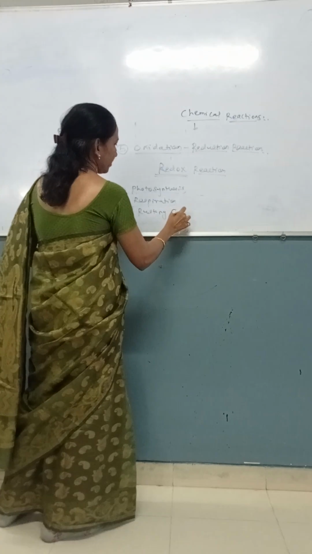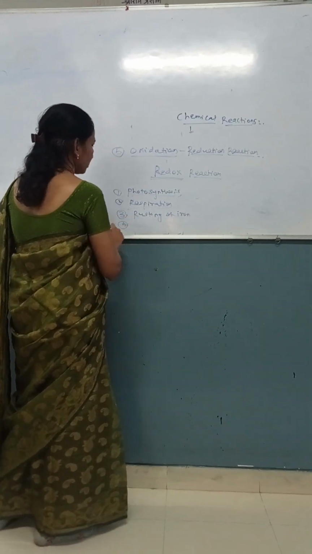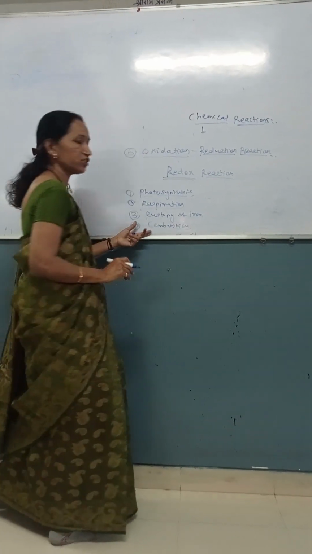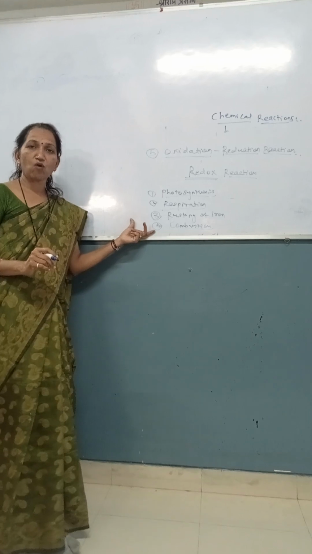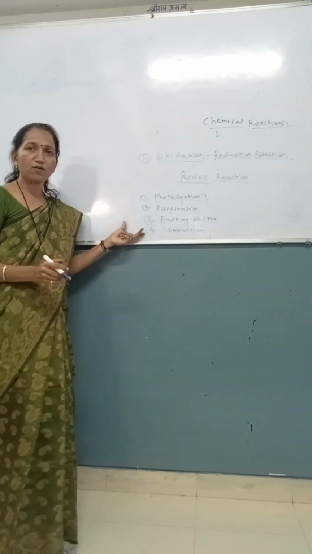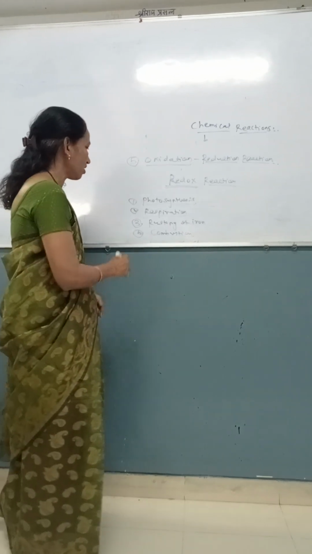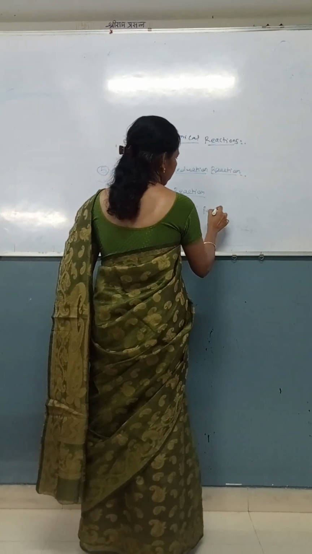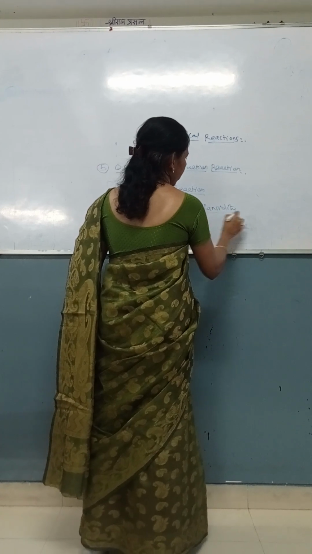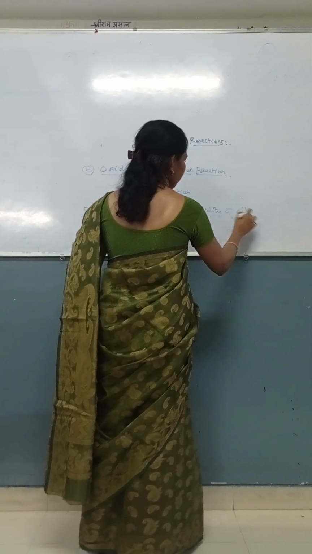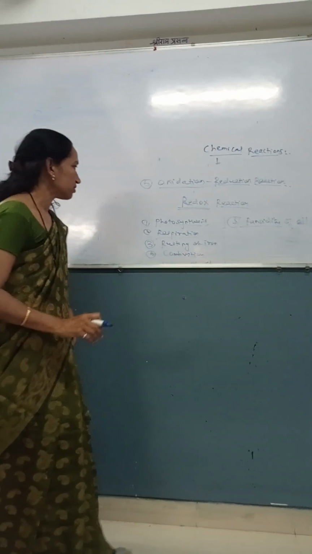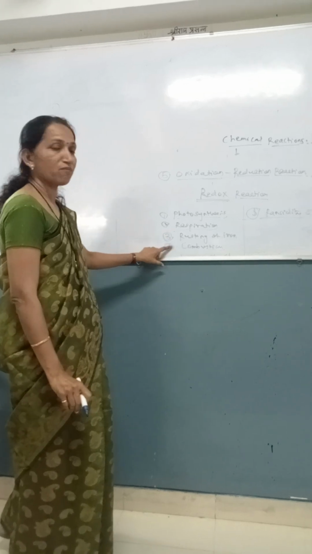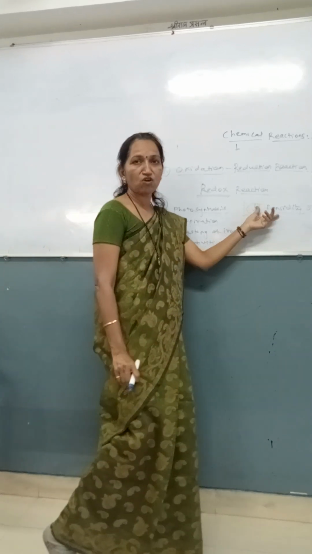The fourth is combustion of coal, oil, and gasoline, in which energy is produced. Then rancidity of oil substances is also an example. Remember these five examples of redox reaction: photosynthesis, respiration, rusting of iron, combustion, and rancidity of oil.